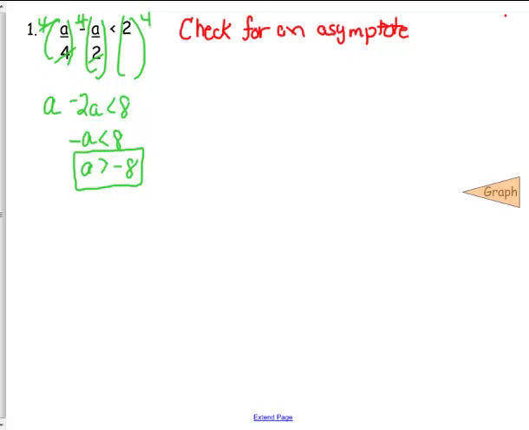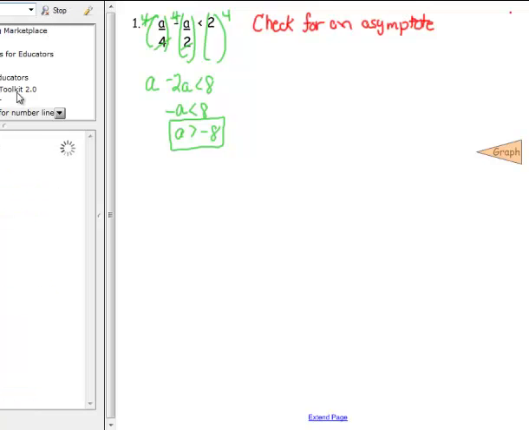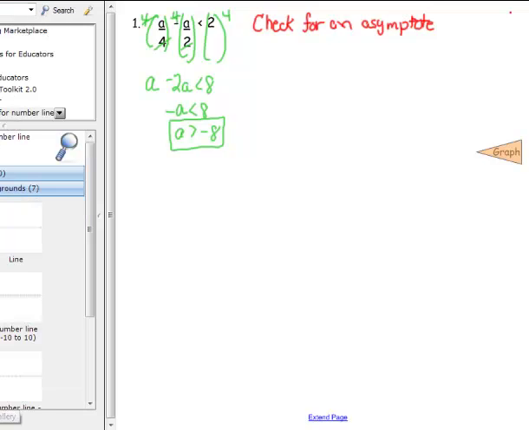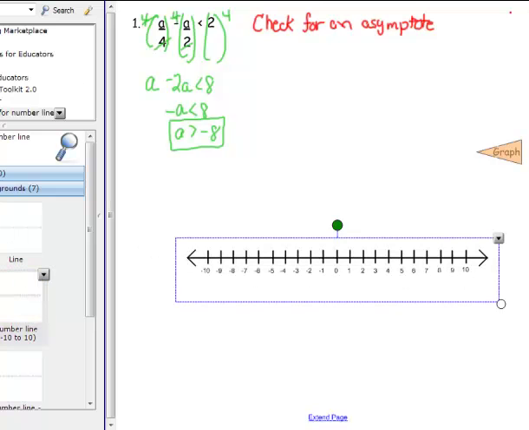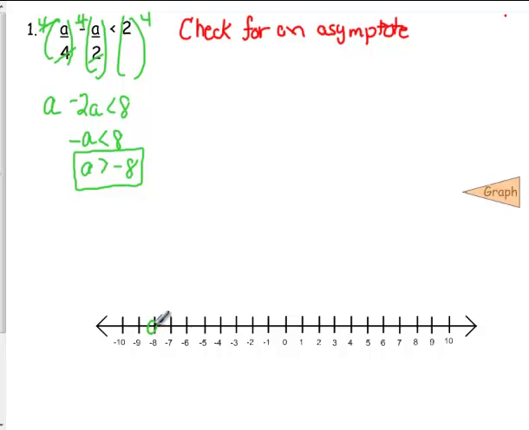Or I can elect to, let's find a number line. I can pull out a number line. And I can elect to graph my answer. Okay, here's negative 8, and I want to be greater than negative 8.